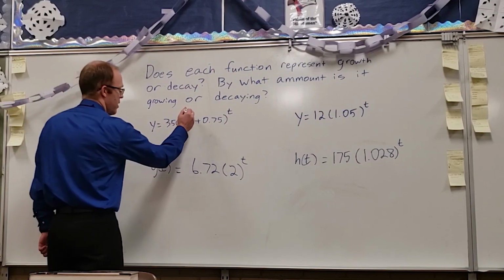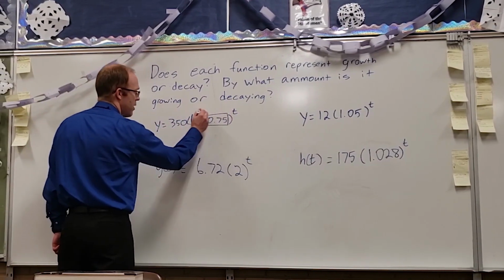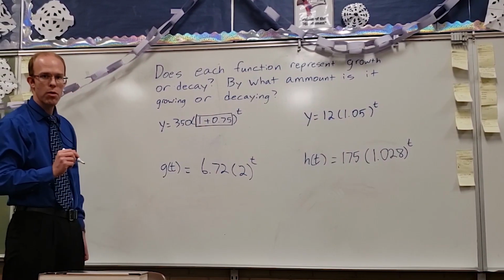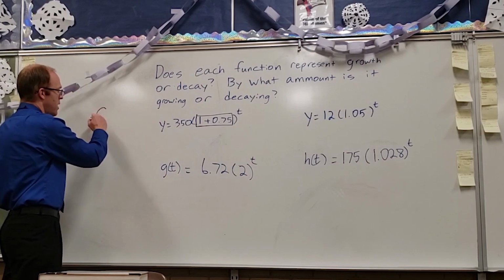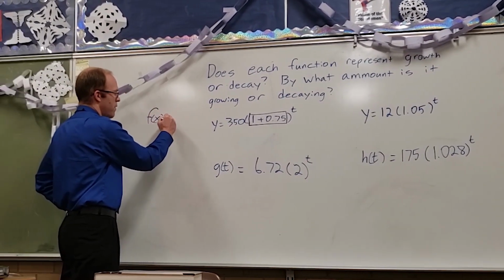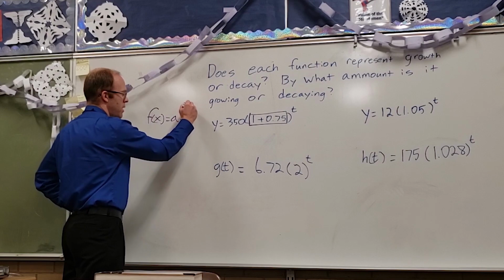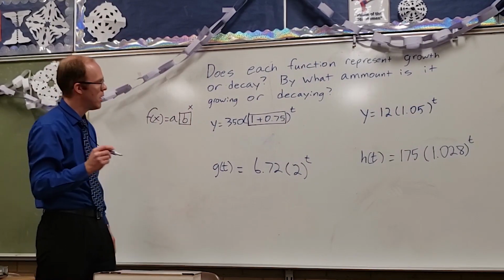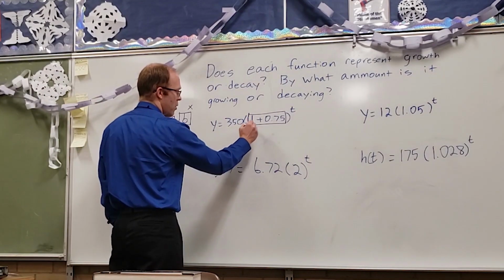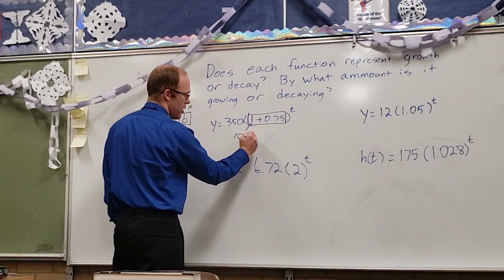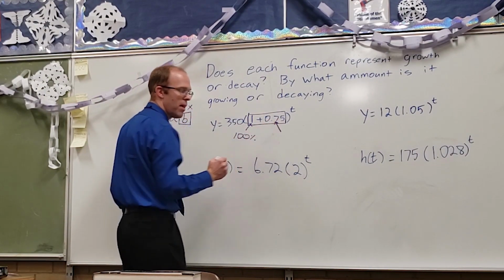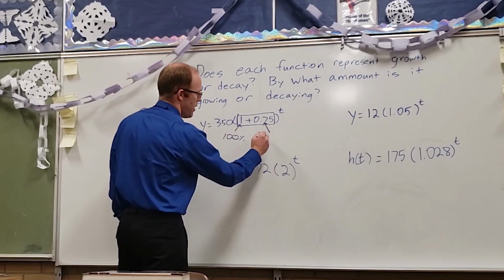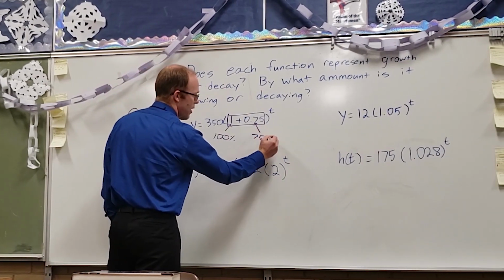So the growth right here is shown in this portion. That's our multiple. If you recall, we have exponential functions, f of x equals a times b to the x, and that is our multiple right there. So this 1 represents 100%. This 0.75 written as a percent would be 75%.